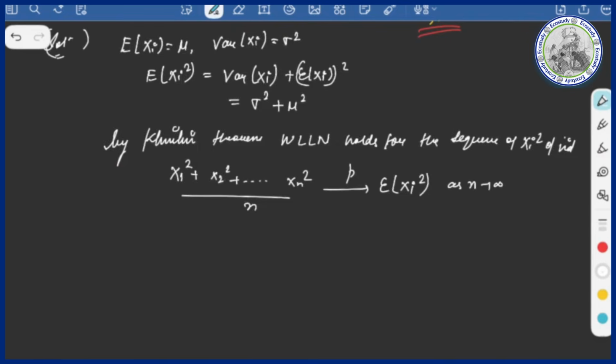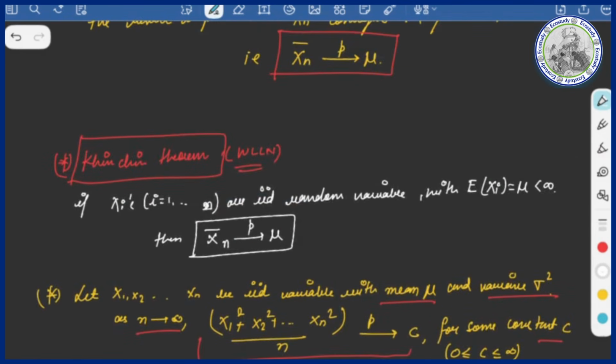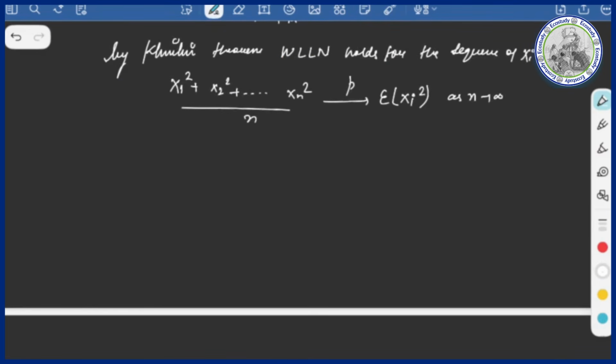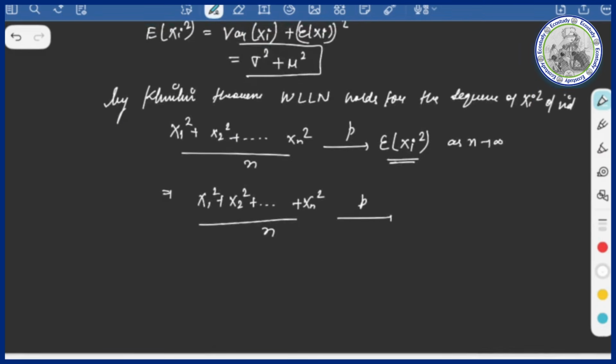Why is it possible? In Khinchin's theorem, when (X1 plus X2 dot dot dot Xn) divided by n tends to mu in probability, and mu is the expectation of X, then it is possible that (X1 square plus X2 square dot dot dot Xn square) divided by n converges to expectation of Xi square. And what is the value of expectation of Xi square? It is sigma square plus mu square, and this is your answer.